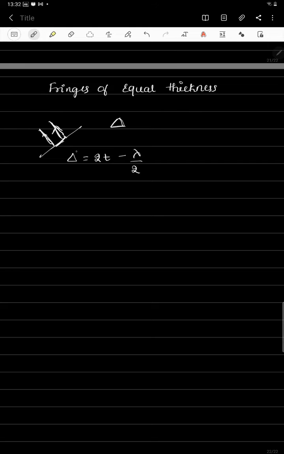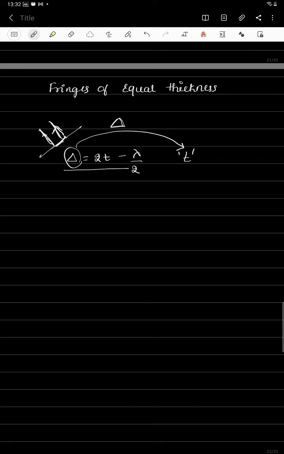It is seen that the path difference between the reflected rays arises due to variation in the thickness t. So between the plano-convex lens and the plane glass plate, there is an air film of variable thickness. The path difference depends on this thickness of the air film.